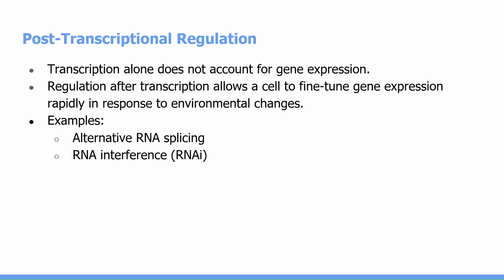Regulation after transcription allows a cell to fine-tune gene expression rapidly in response to environmental changes. Without this post-transcriptional regulation, adaptation and the response to the environment would be extremely slow.